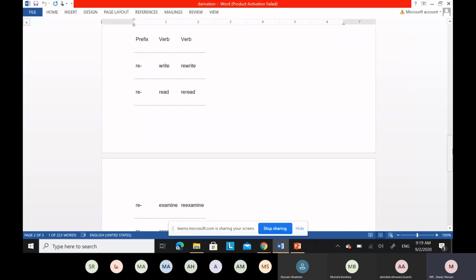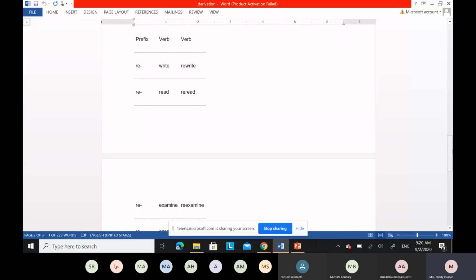Okay, now I'm getting new words from the verb when I'm adding the prefix re at the beginning of this word. So re is a prefix because it comes at the beginning and it gives me the meaning of the repetition of the verb.